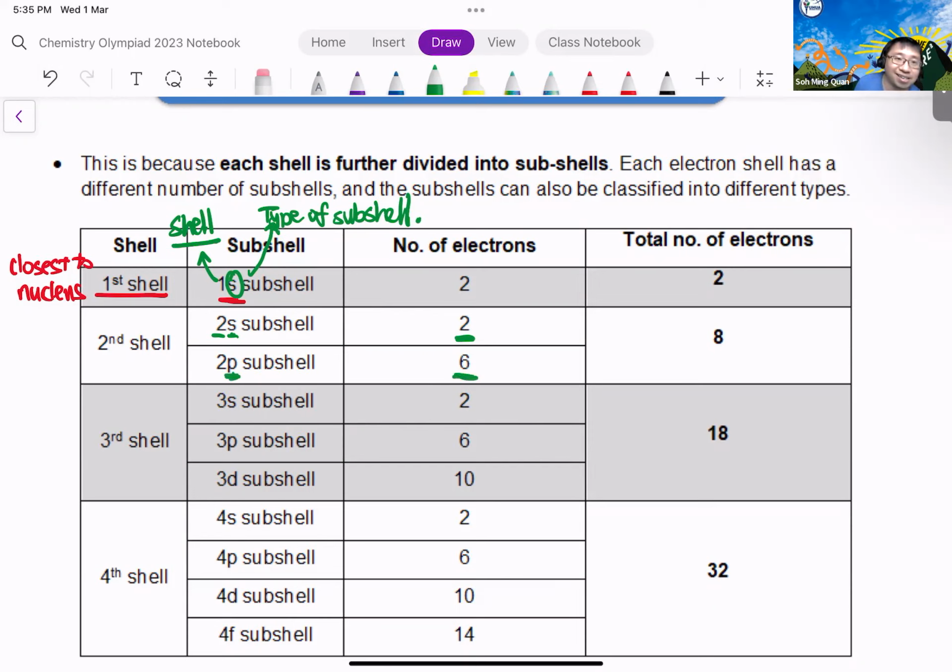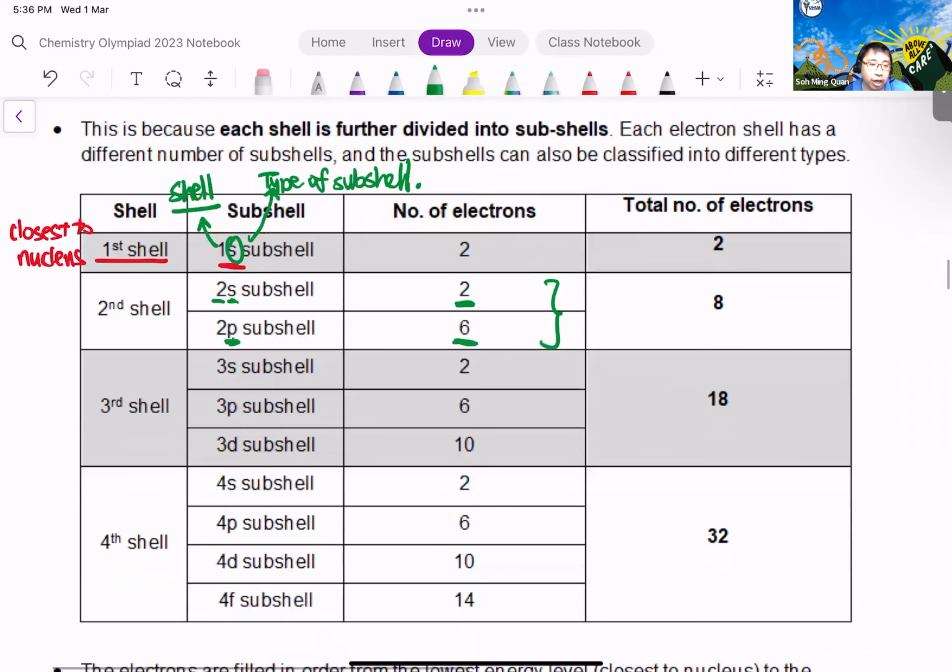P accommodates 6 electrons maximum. And that is the reason why your teachers would have taught you in class the second shell holds a maximum of 8 electrons. Because the second shell has a 2s subshell and a 2p subshell. 2s is 2 electrons, 2p, 6 electrons. So 2 plus 6 equals 8. 8 electrons in total in the second shell.